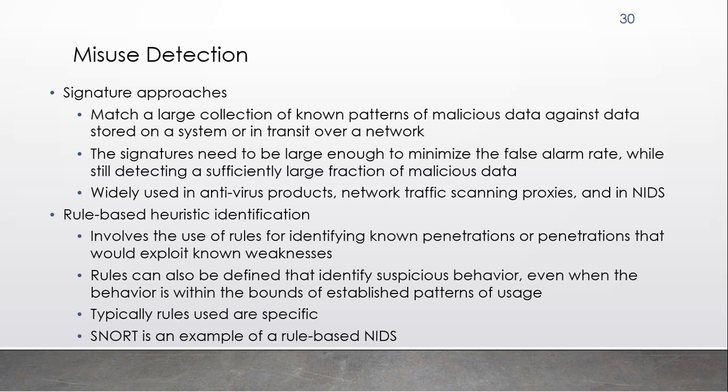Rule-based heuristic identification involves use of rules for identifying known penetrations or penetrations that would exploit known weaknesses. Rules can be defined that identify suspicious behavior even when the behavior is within the bounds of established patterns of usage. Rules used in these systems are specific to the machine and operating system.